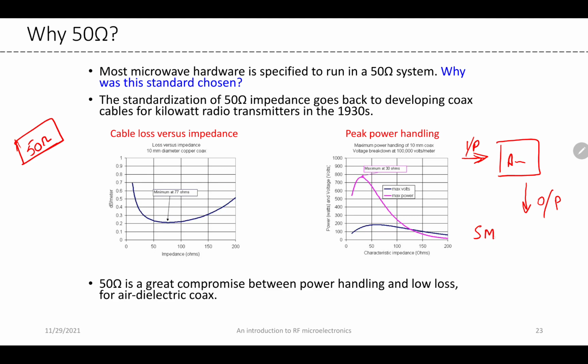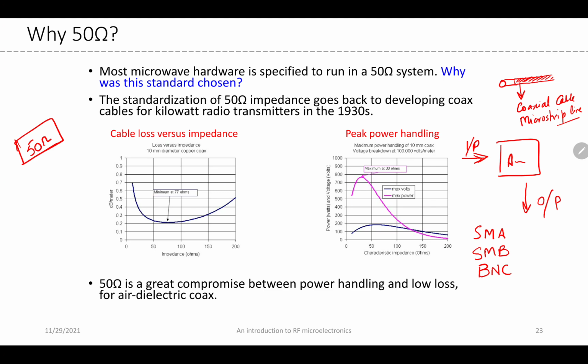It might be an SMA connector, it might be an SMB connector, it might be a BNC connector, and then it will be connected through a wire. Now this wire may be a coaxial cable, it may be a microstrip line, or it may be some other form of cable or line.